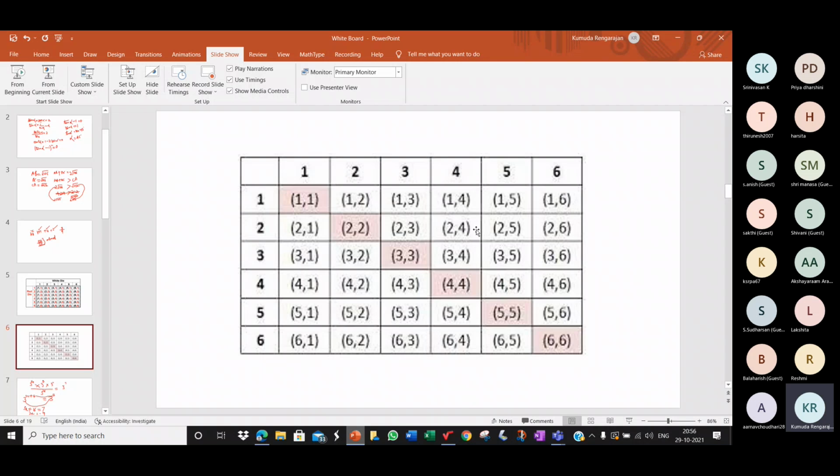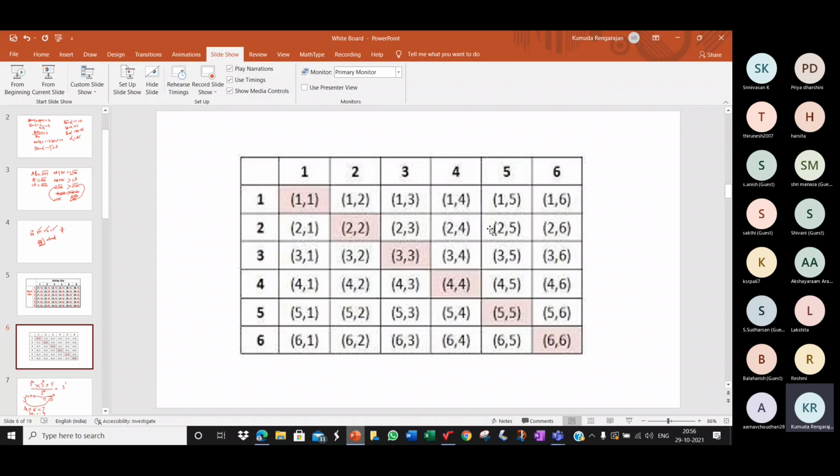And x less than y, how many outcomes? 15, ma'am. 15. X greater than y? 15, ma'am. 15. So where do you find x less than y? Below or above? Above, ma'am.